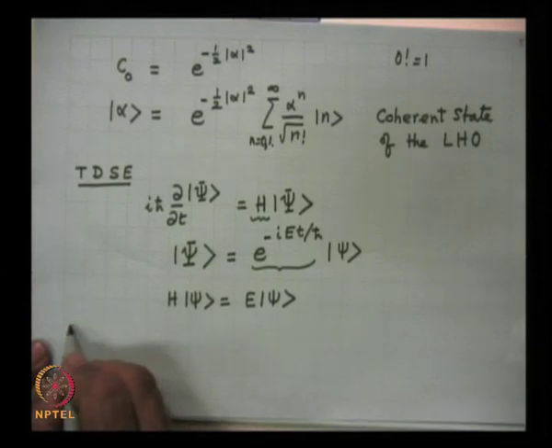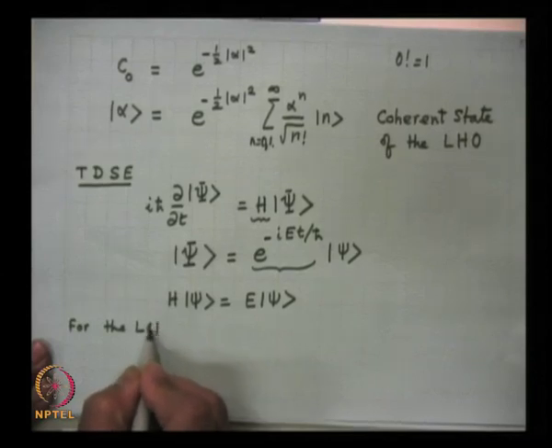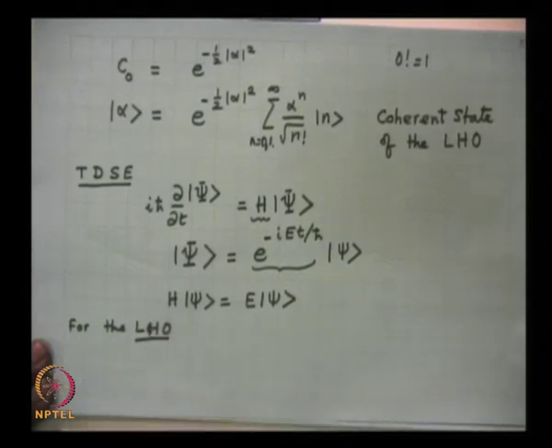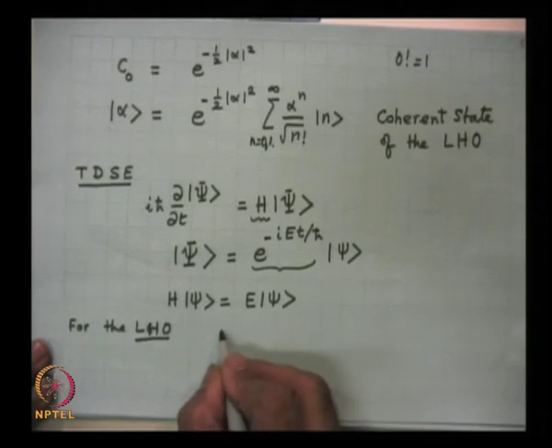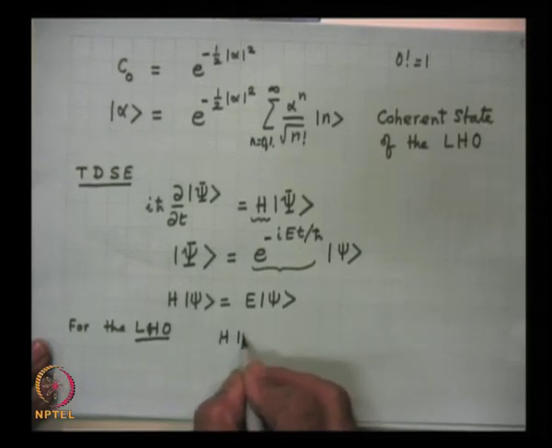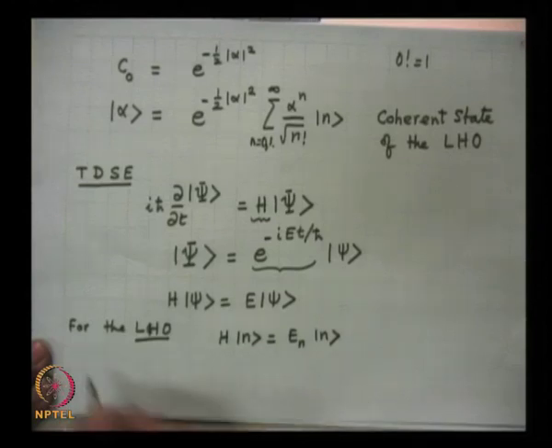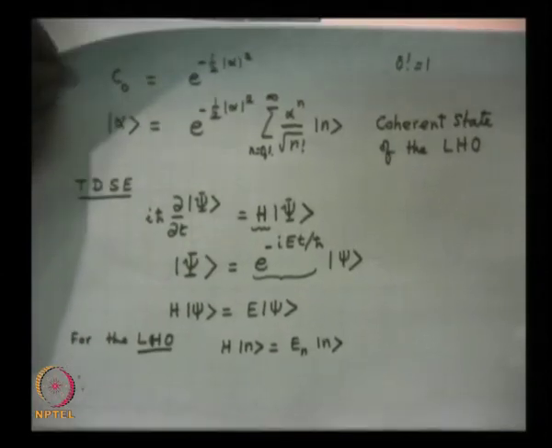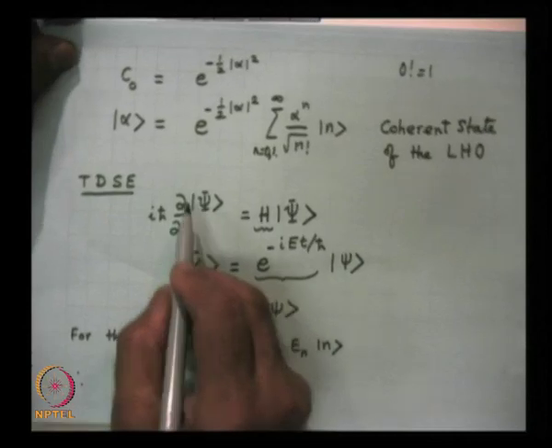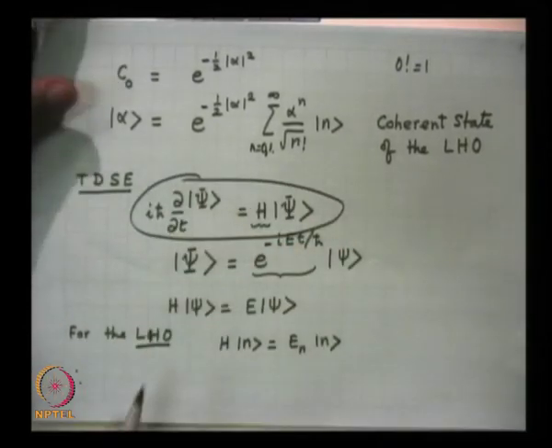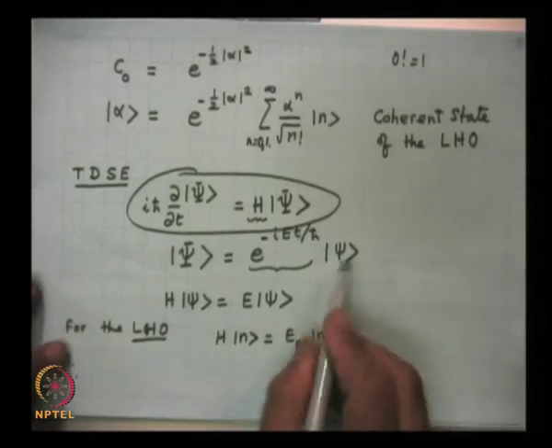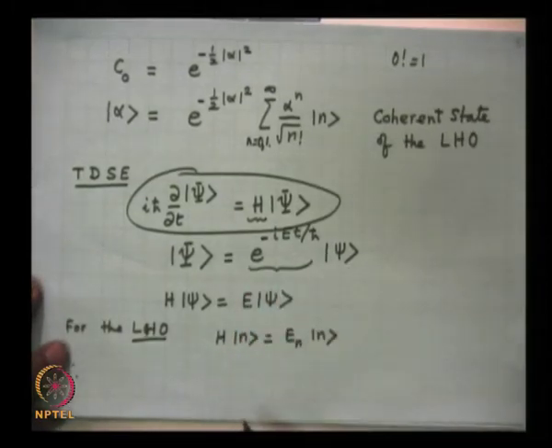So, for the linear harmonic oscillator problem, I have solved this equation. We know the solution of this equation, and those are H ket n is equal to E n ket n. And therefore, the most general solution of the time dependent Schrodinger equation will be the sum over all the superposed states.